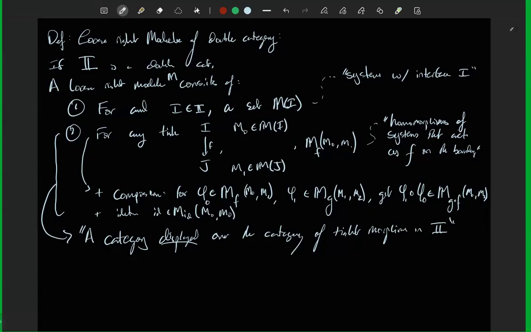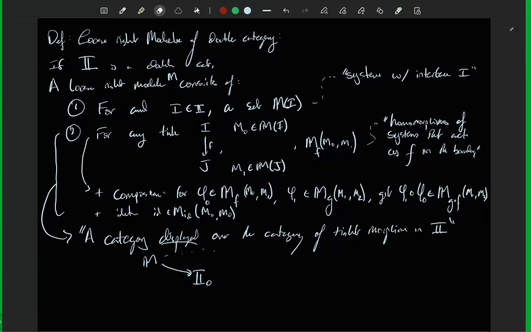Equivalently, we have something called M, and we have a functor to I naught, the type morphisms in I, where M here is equal to what you might think of as the Grothendieck deconstruction, or the pairs.